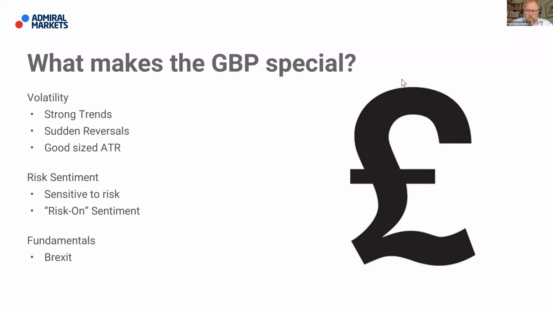And finally, what has made quite a lot happen there is the overlying wrapper that is Brexit at the moment. If you've been trading for several years, you'll realise that Brexit has had a huge impact upon the British pound sterling, both in good and bad ways.